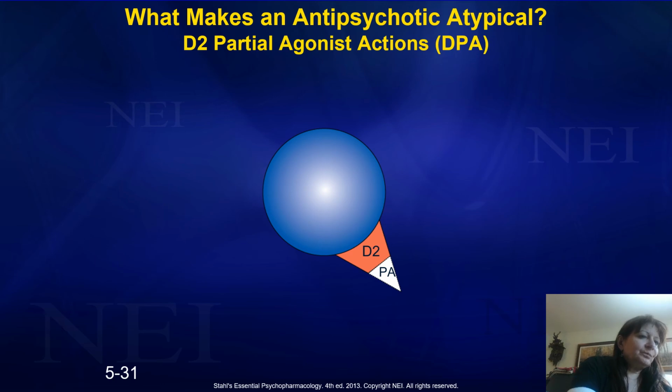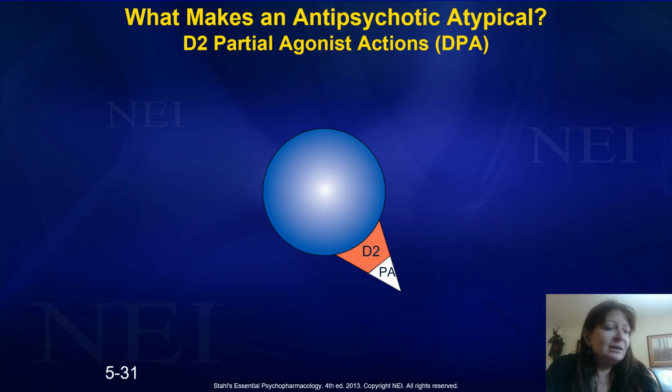Okay, so what makes an antipsychotic atypical? It can include drugs that are D2 partial agonists, which we see depicted here. These drugs stabilize dopamine transmission in a state between silent antagonism and full stimulation.